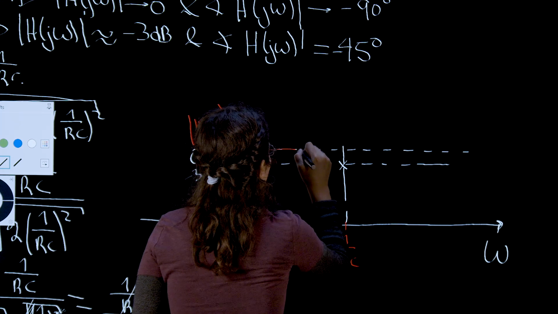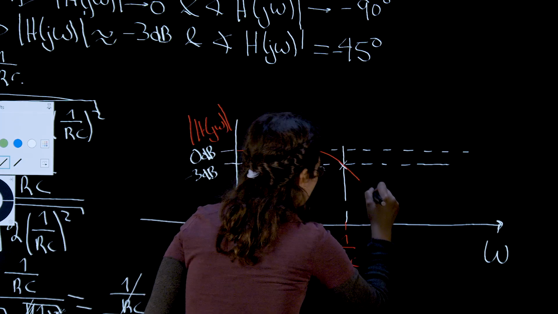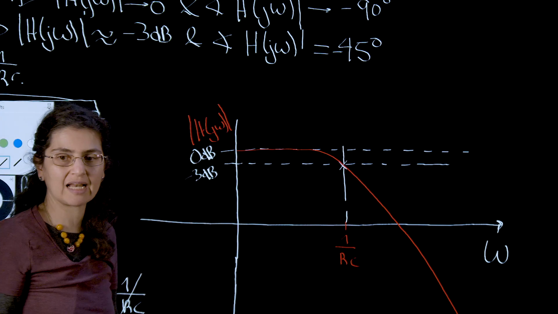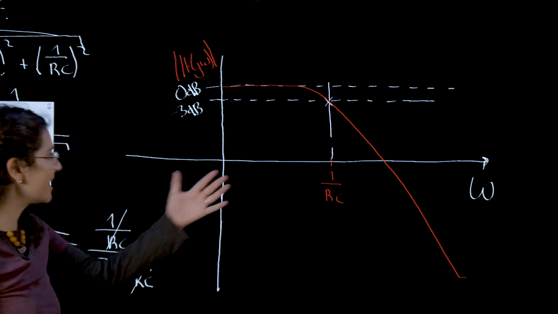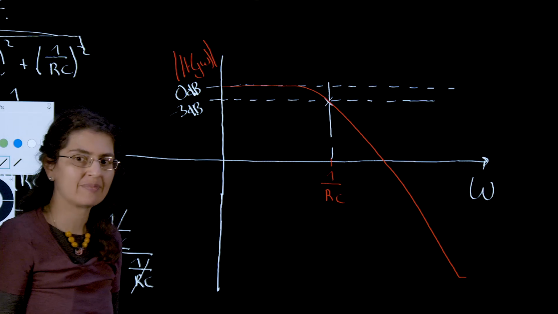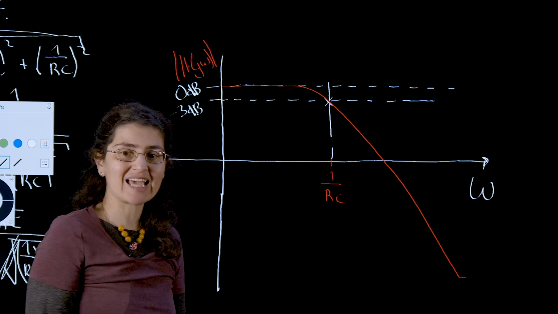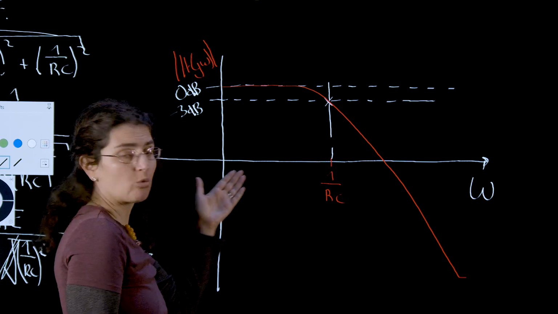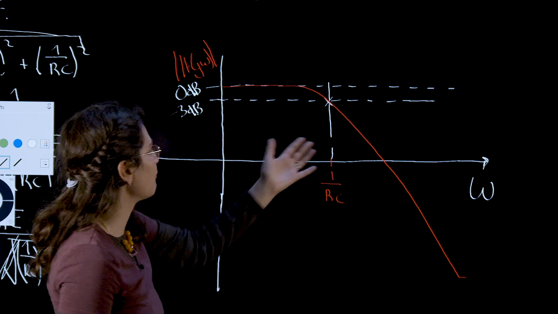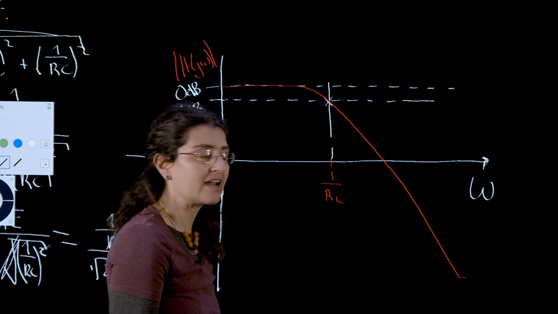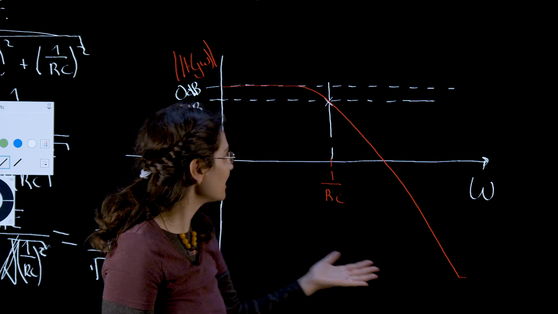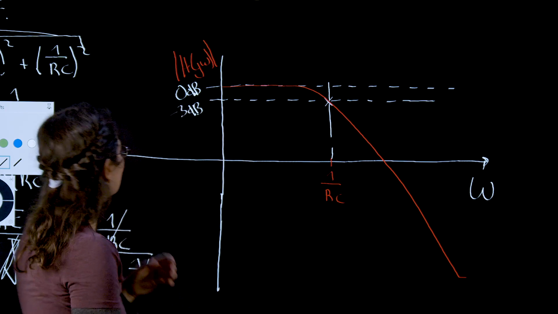So it will look like this, and go down forever and ever on a straight line. That is the magnitude of my transfer function. With this graph, I can say that for frequencies below 1 over RC, my input pretty much equals my output. For frequencies above, the amplitude goes down gradually as the frequency increases. And that is what I can get out of this transfer function.